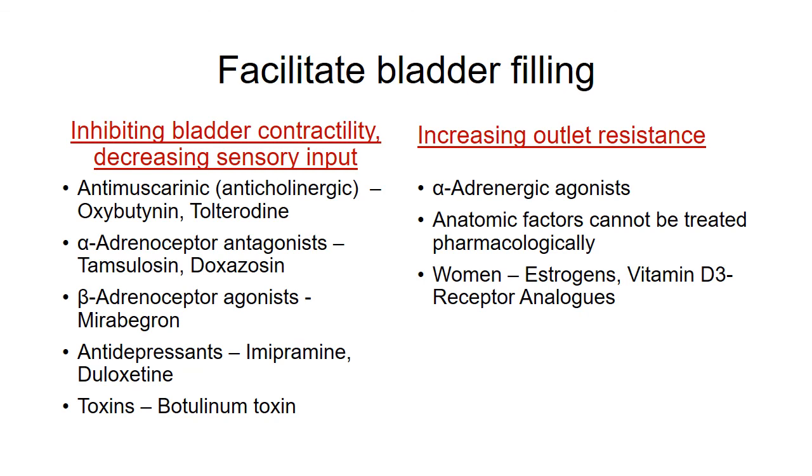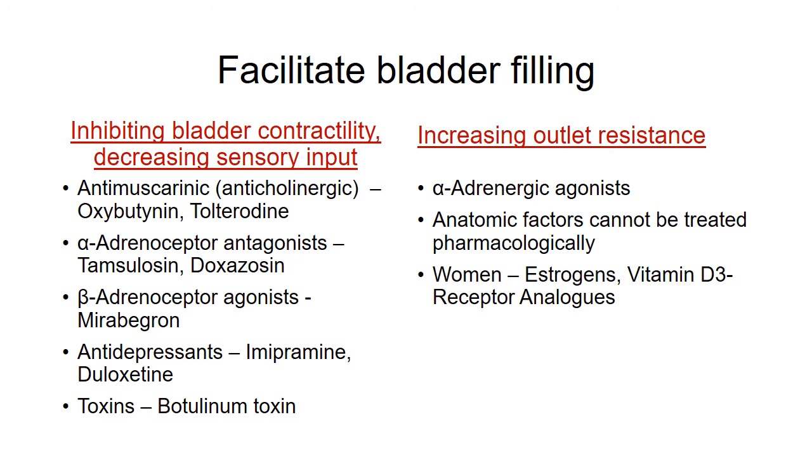So, we can arrange medicines as per their actions. For facilitating bladder filling, we have to inhibit the bladder contraction or decrease the sensory input. And at the outlet level, we have to increase the outlet resistance. So, which are the drugs for inhibiting the bladder contractions?